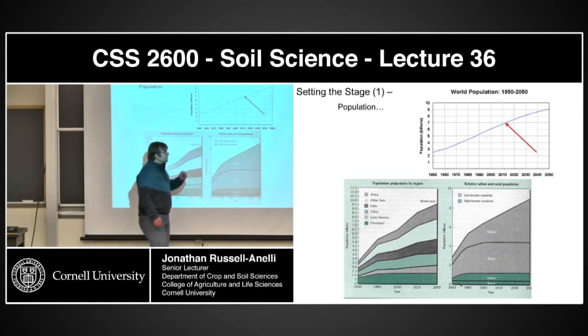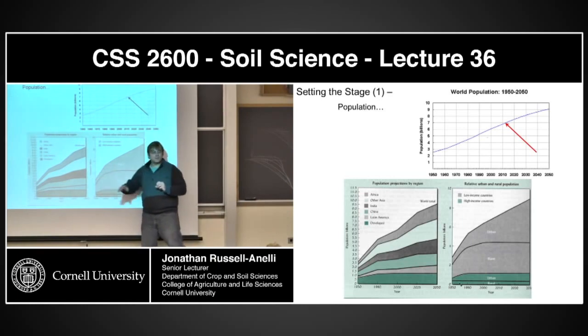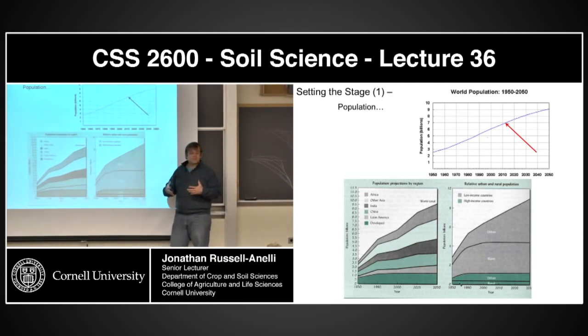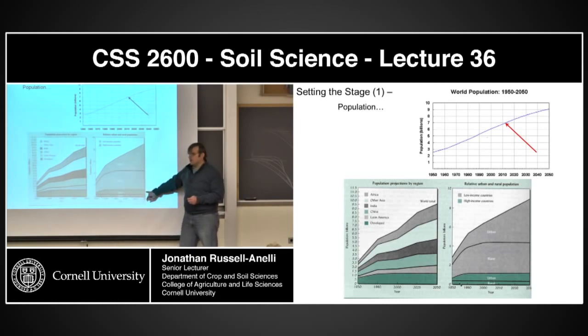Now, if we think about where these people are living, not just regionally, but in relationship to density of population, you're really looking at urban versus rural. These greener, darker lines down here are the more developed world. You're looking at an increase in the urban population starting probably around the 1950s, 1960s, where the vast majority of the population in the developed world were in urban environments.